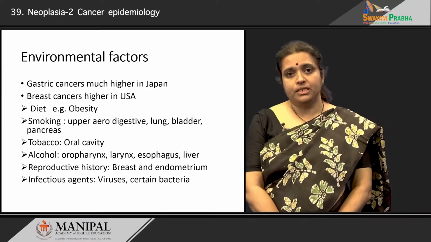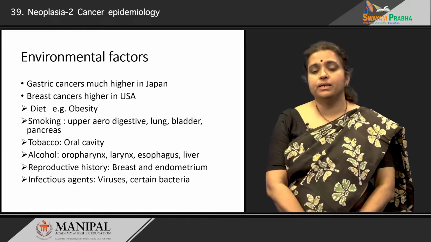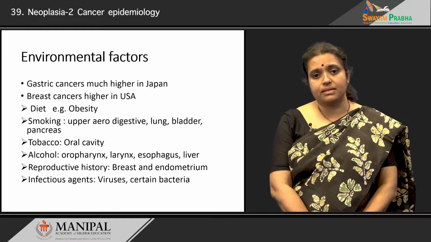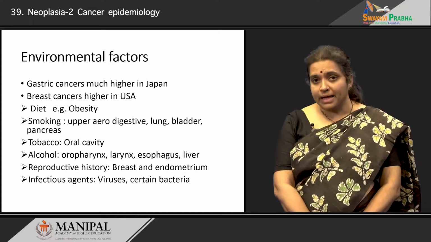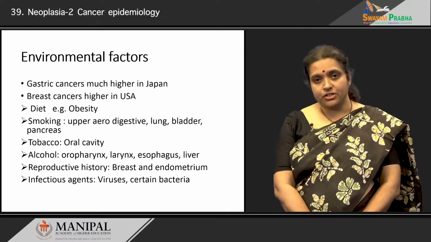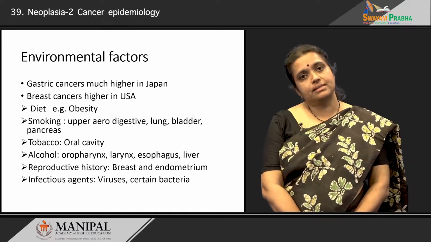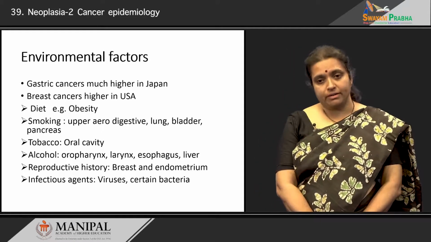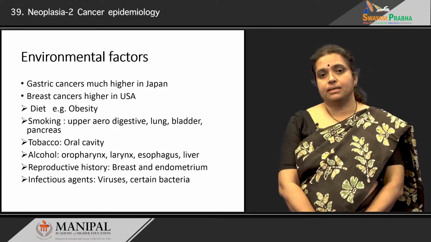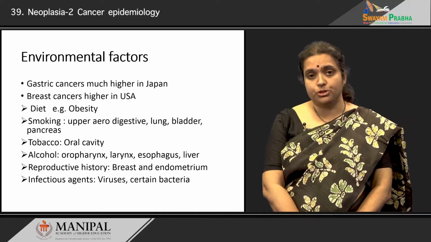Chewing of tobacco, which is quite common in this part of the world, can lead to oral cavity cancers and other upper aerodigestive cancers. Consumption of alcohol has been linked to oropharyngeal cancers, laryngeal cancers, esophageal cancer and even hepatocellular or liver cancer.